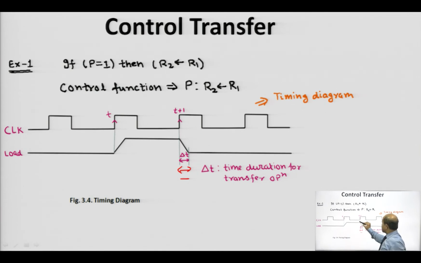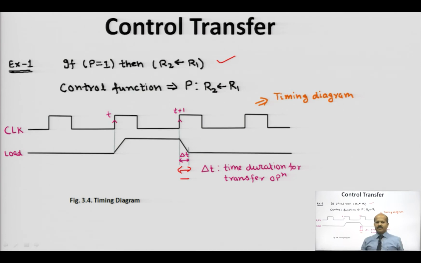When this load signal goes down, during this interval of time only the transformation between registers will take place. So, this simply reflects how registers are faster than other components, how fast a register is.